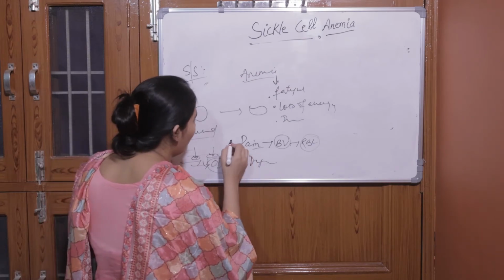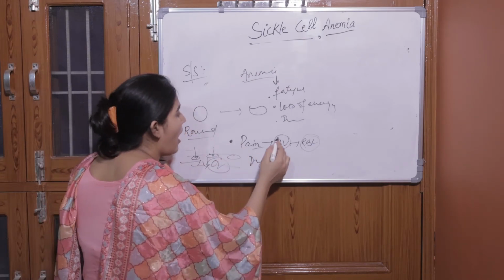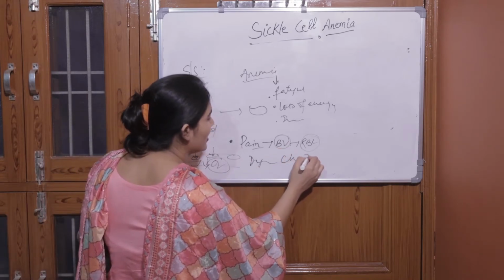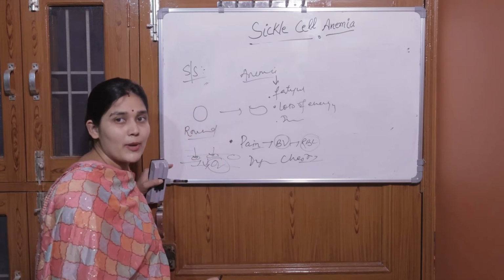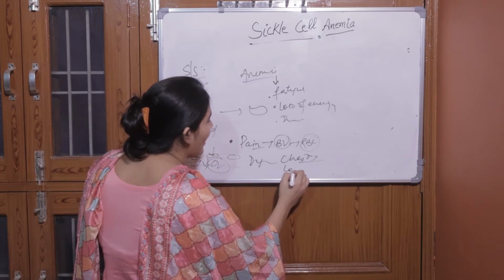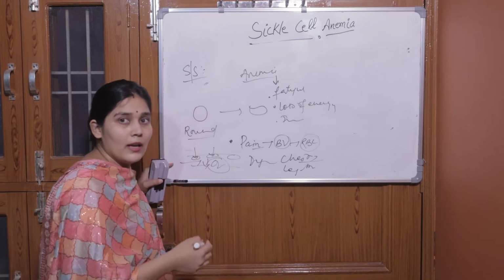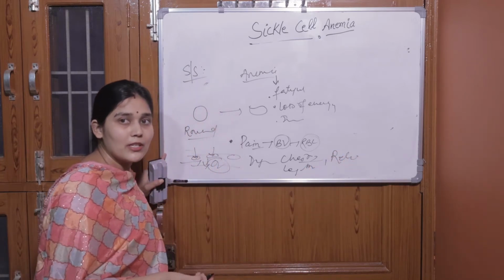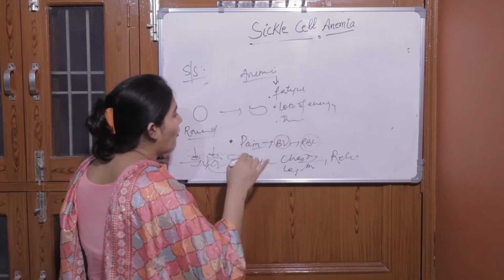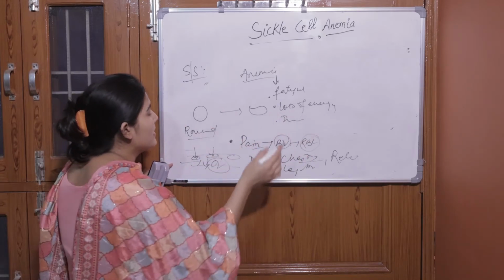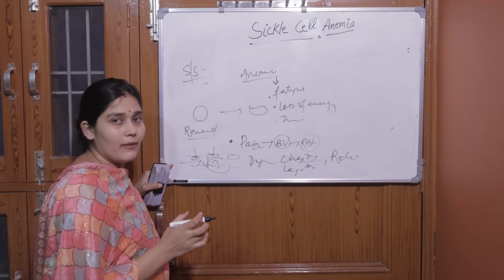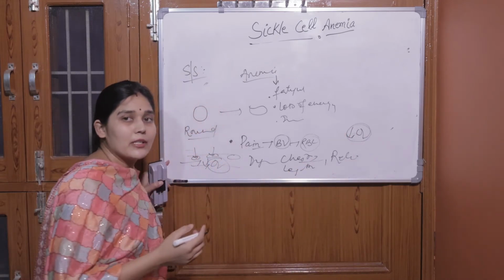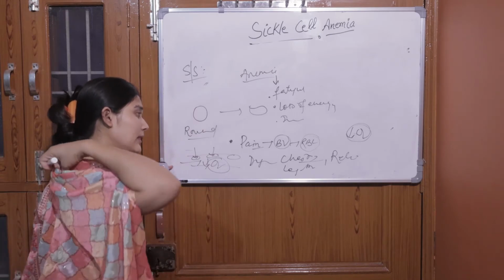If these RBCs stick in the blood vessels of the chest, they cause anginal pain. If they stick in the leg, they cause bone pain. They also affect the eye, causing retinal pain and blurred vision. Wherever in the body these RBCs affect the circulation, they lead to decreased oxygen supply and the person will have pain.